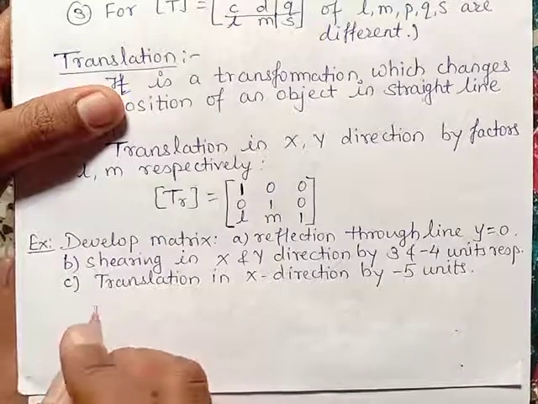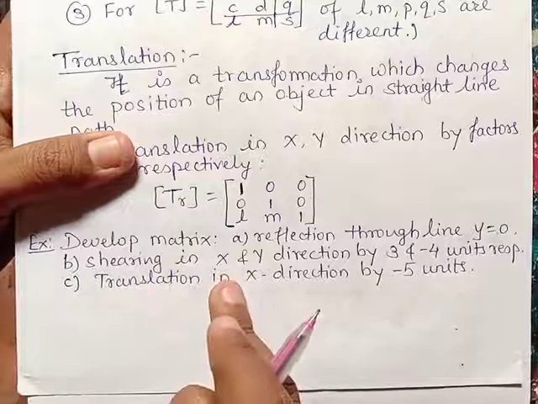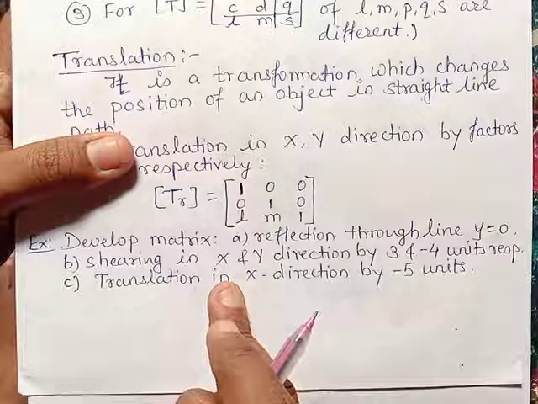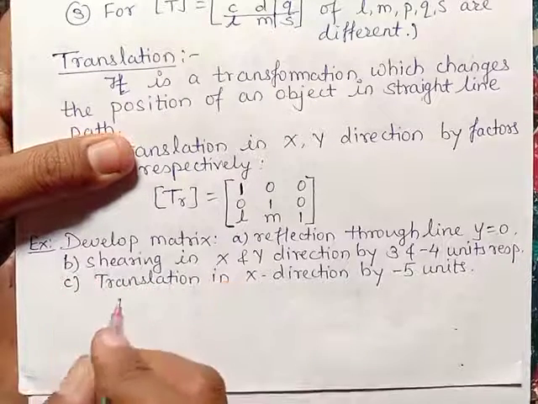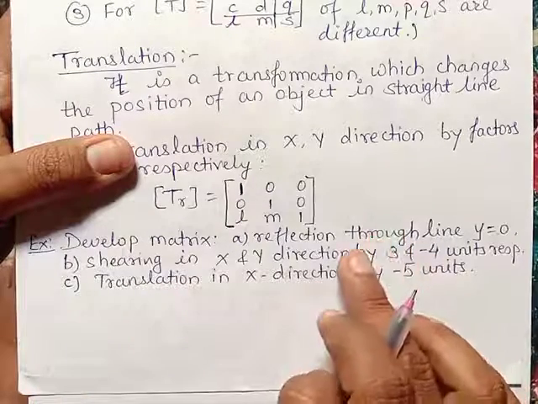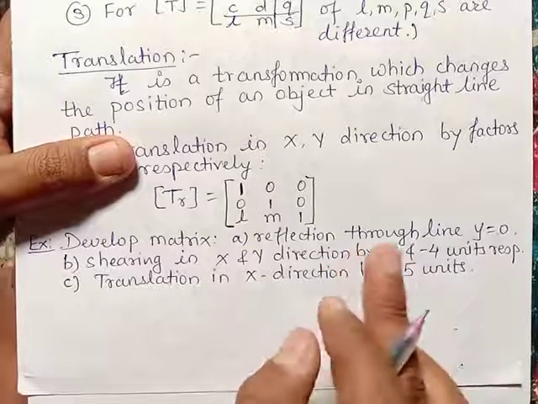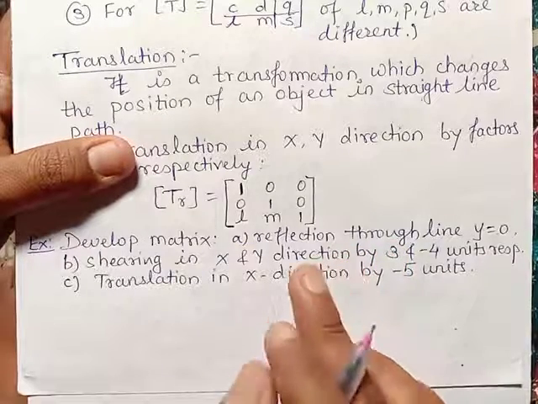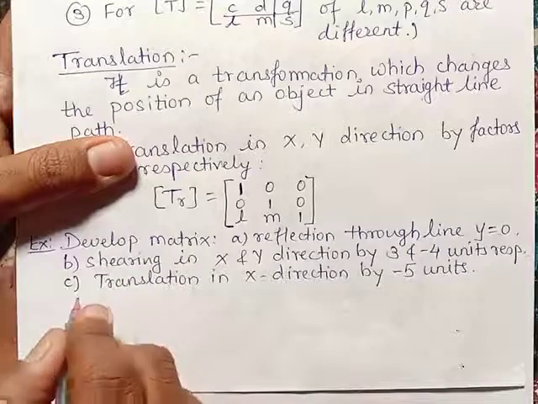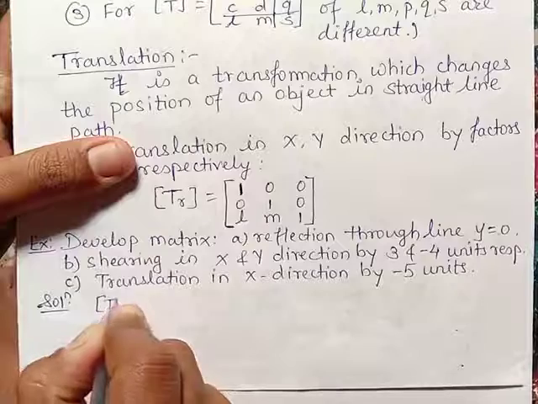Okay, here translation occurs, that's why we need to use the homogeneous coordinates, right? So due to that, these previous two transformation matrices we will also write in 3 by 3 form. Actually these are 2 by 2 transformations, we will write them in 3 by 3. So solution, here what is T?